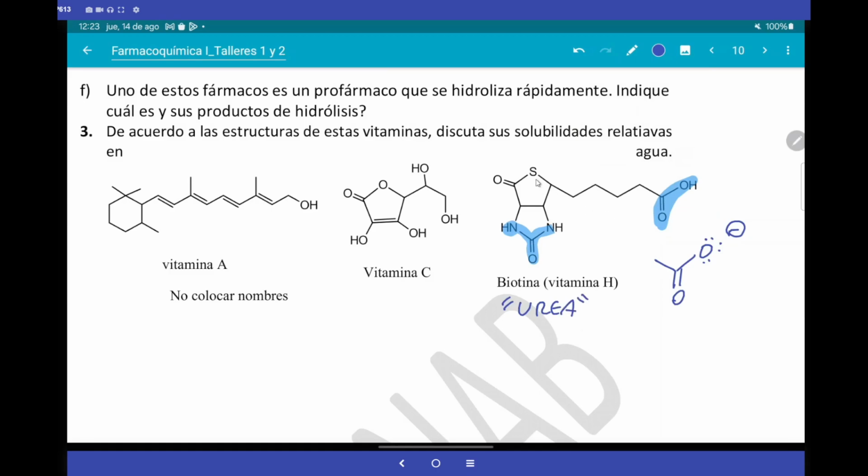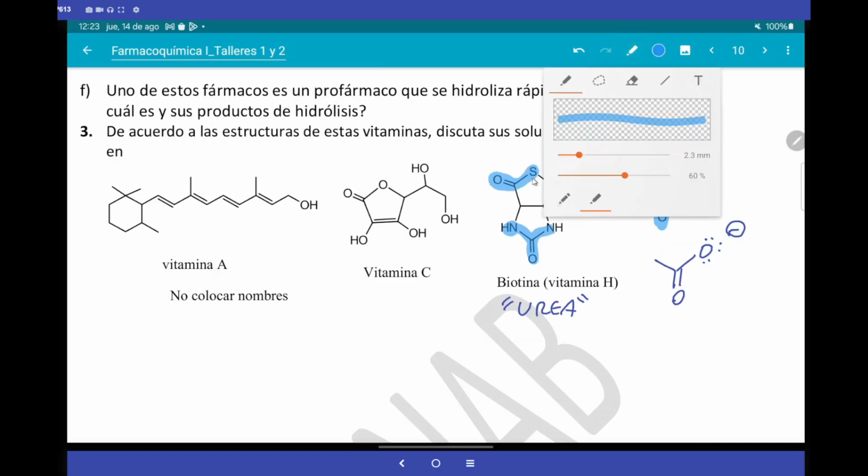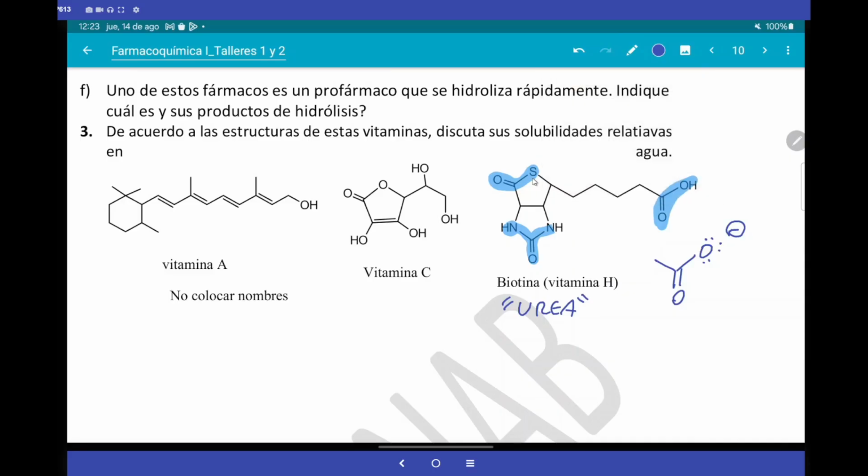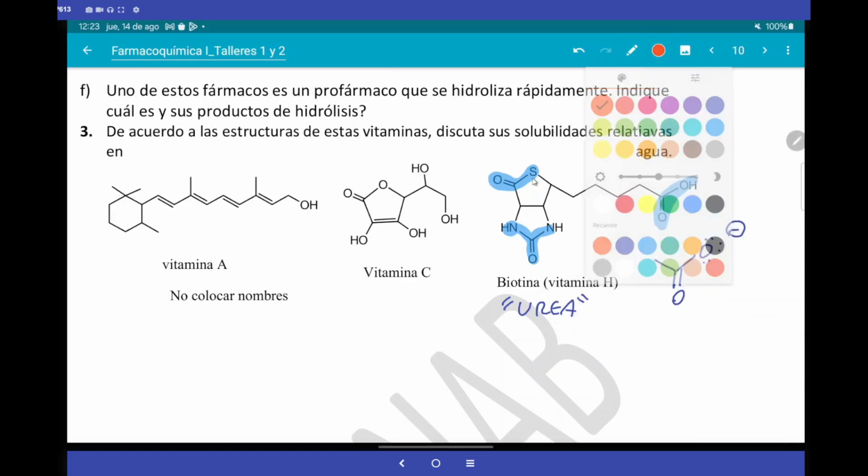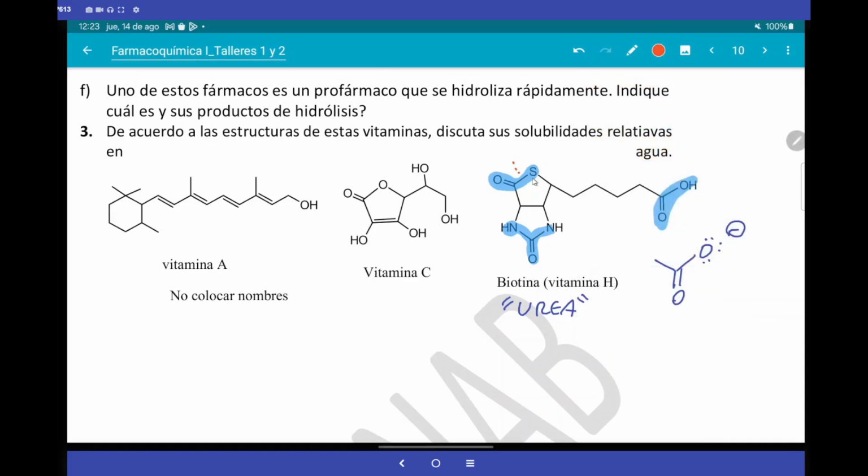And up here there is a sulfur that is also part of another functional group, because it is interconnected there with that carbon. That sulfur with that carbon is a point of metabolic degradation. In fact, it is quite simple for some enzyme to come here and break it, degrading the vitamin.